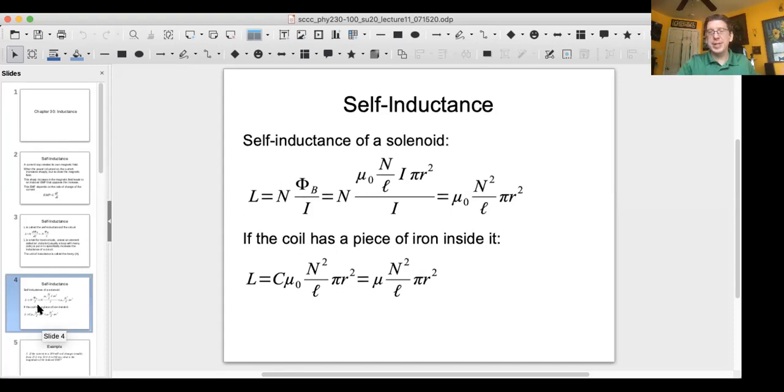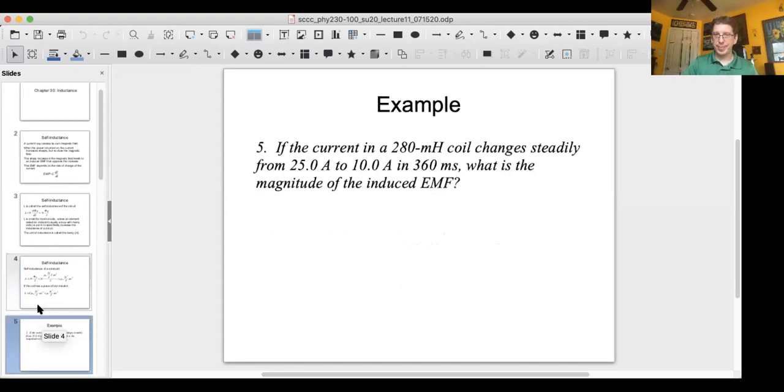So with that, let's go to some examples. If the current in a 280 millihenry coil changes steadily from 25.0 amps to 10.0 amps in 360 milliseconds, what is the magnitude of the induced EMF? So this is a basic application of the general equation for the voltage across an inductor.